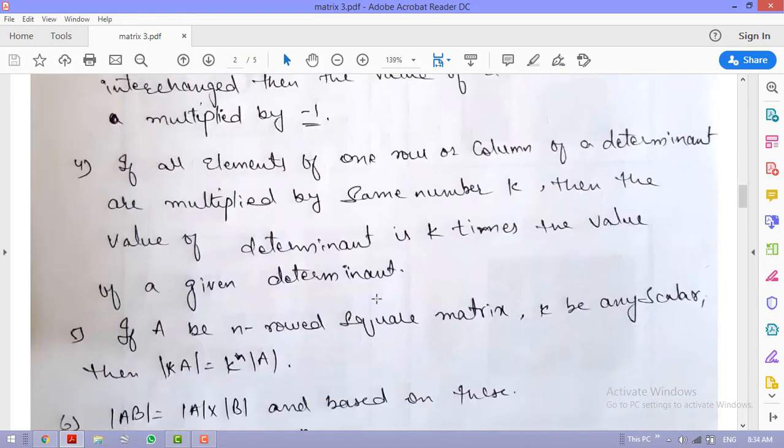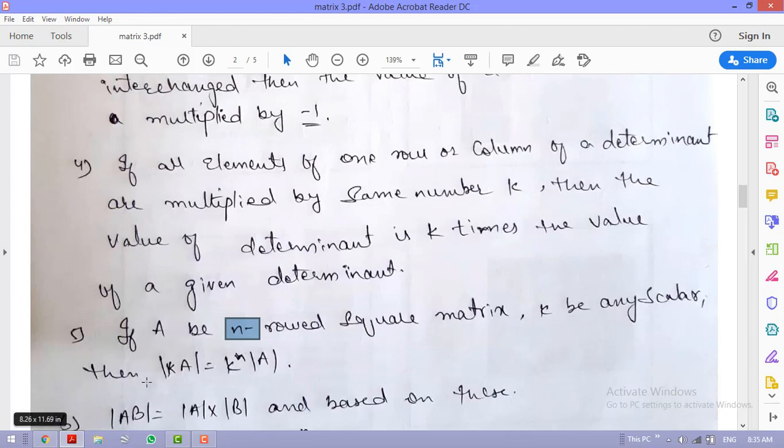Now let us see the fifth property. If A is an n-row square matrix and k is any scalar, then the determinant of k into A will give you k power n into the determinant of A. Let us consider an n-row square matrix, meaning a 3-row square matrix, a 3 by 3 matrix. If you have a scalar multiplied to that, then the scalar to the power 3 will be multiplied with the determinant.